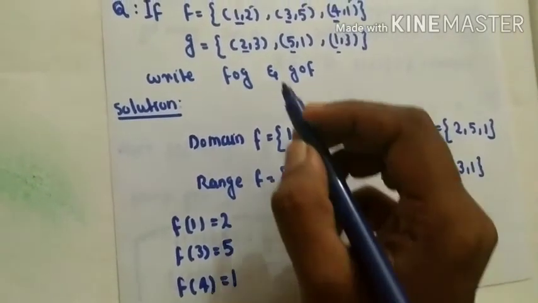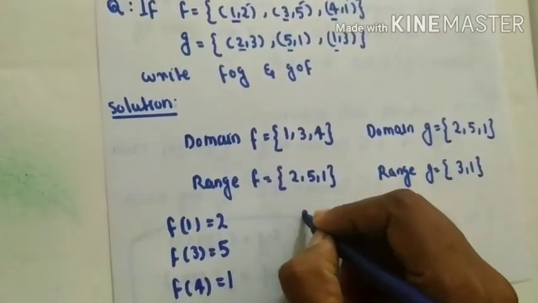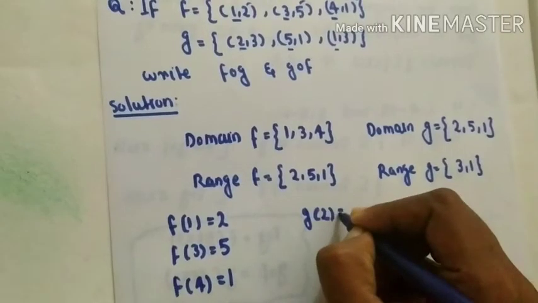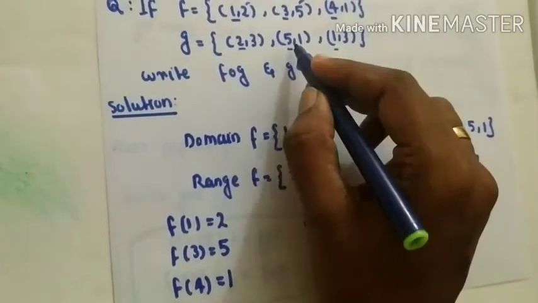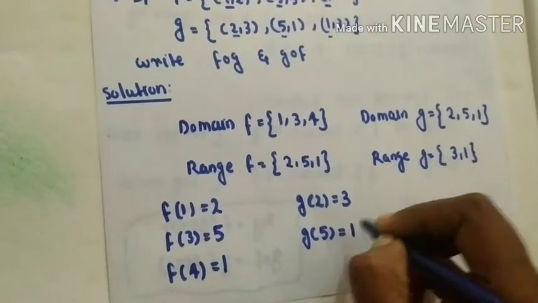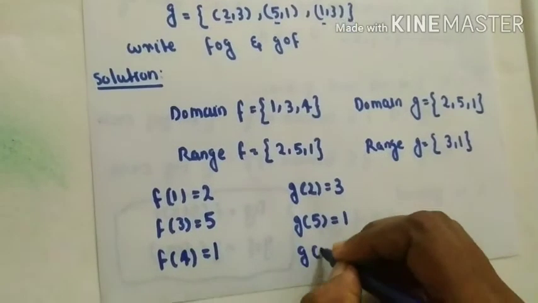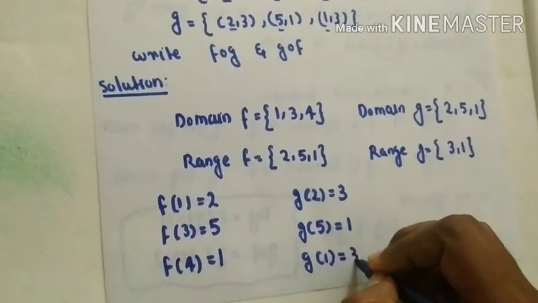Similarly, for the g function, g of 2 equal to 3, g of 5 equal to 1 and g of 1 equal to 3. Clear?